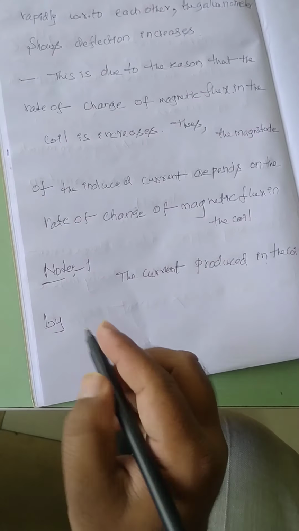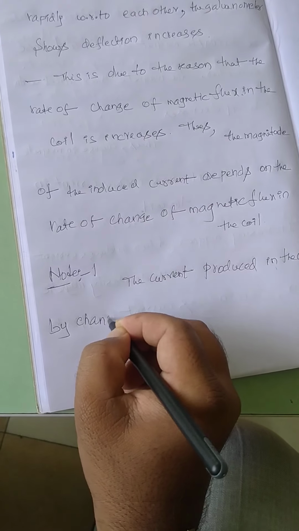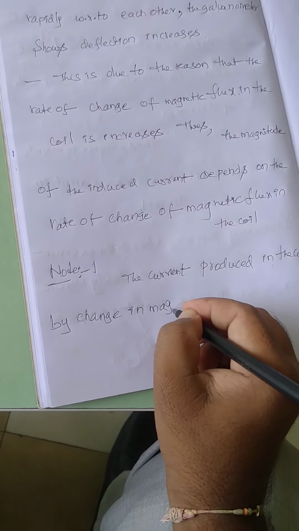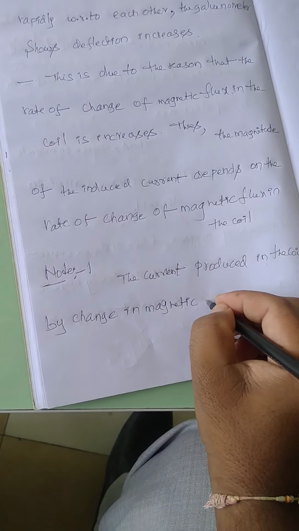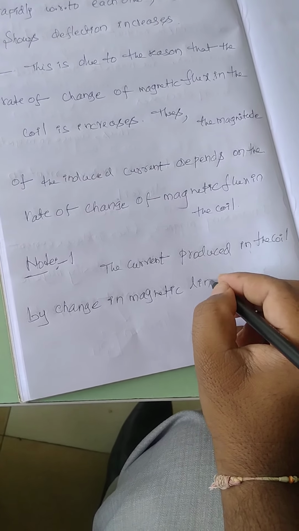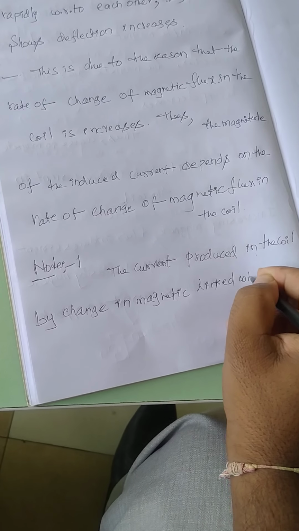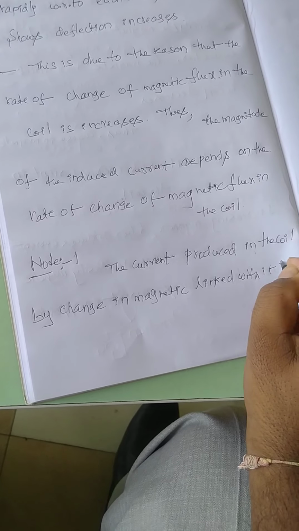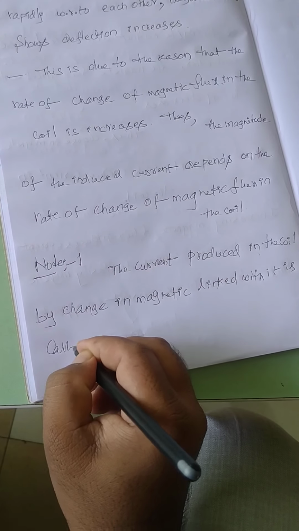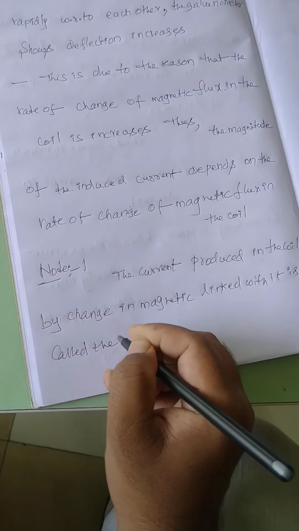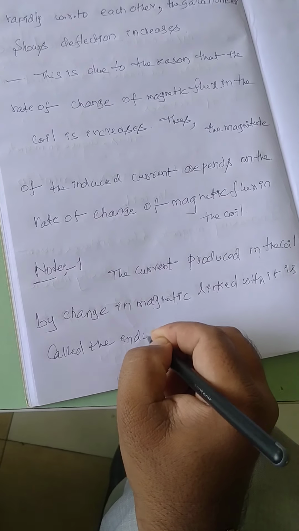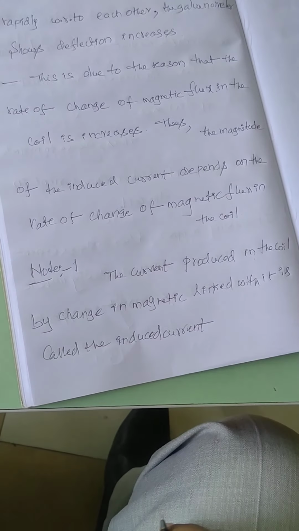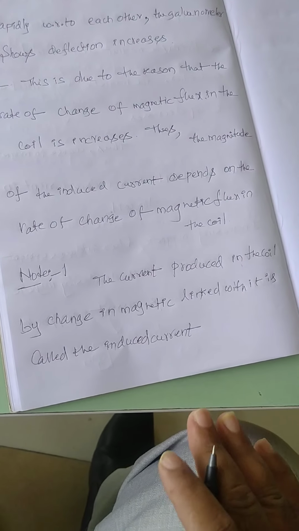So the current produced in the coil by change in magnetic flux linked with it is called the induced current. Understood my point? What is the meaning of induced current? The current produced in the coil by changing magnetic flux with it is called induced current.